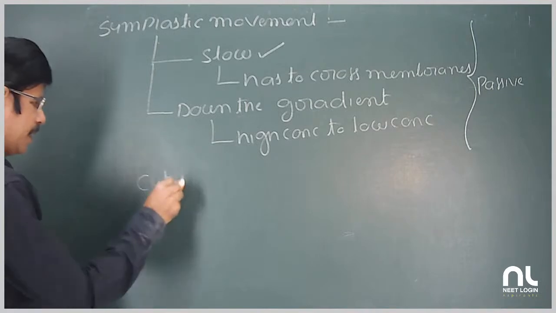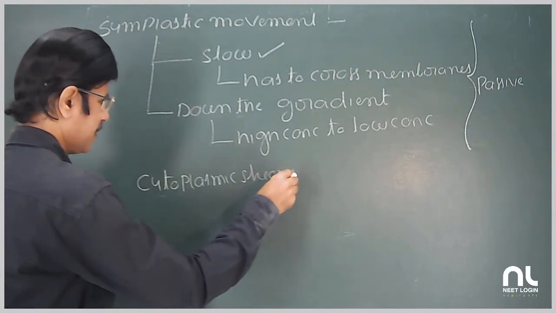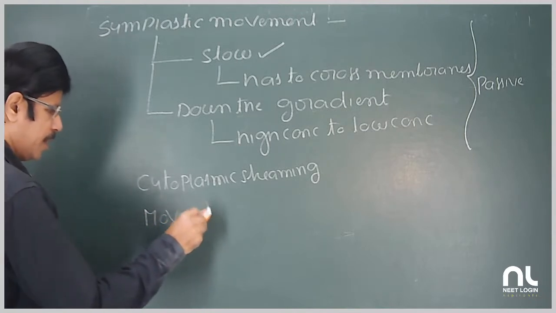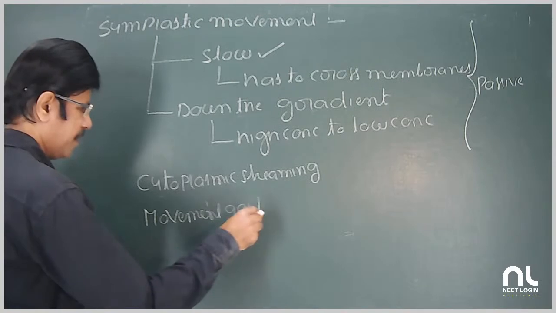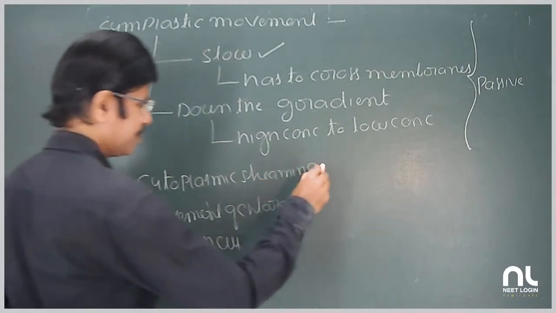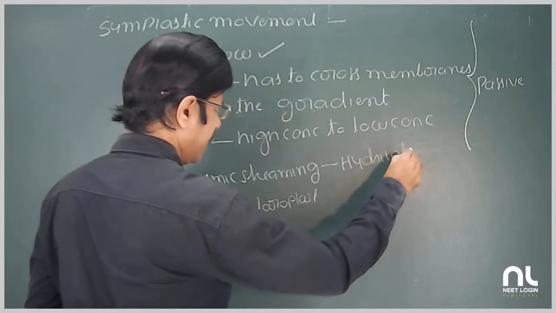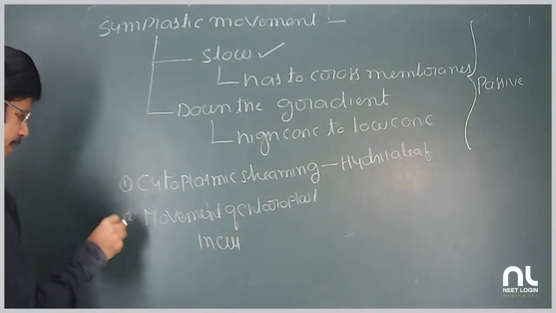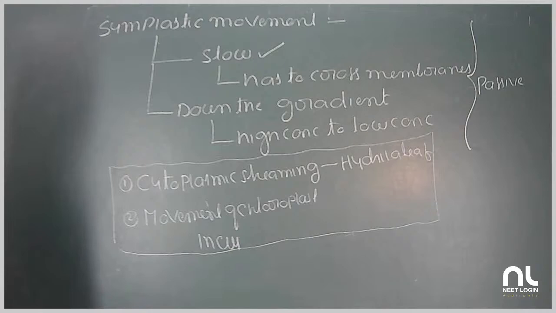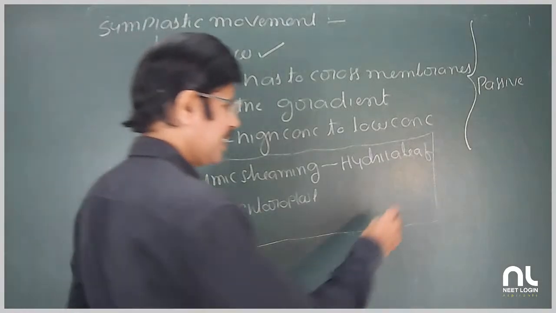But cytoplasmic streaming and movement of chloroplast in the cell, in the hydrilla leaf, in this cytoplasmic streaming in the leaf cells of hydrilla and movement of the chloroplast, it is symplastic.